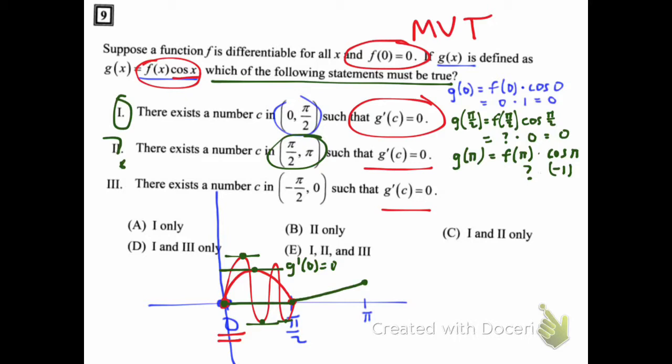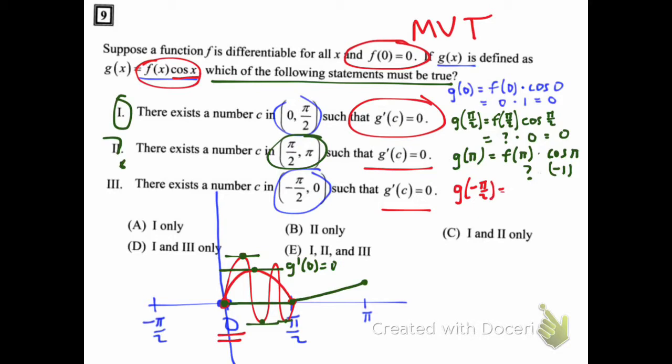Now let's repeat that same process one more time for the interval from negative pi over 2 to 0. All we have to do is show what g of negative pi over 2 is.